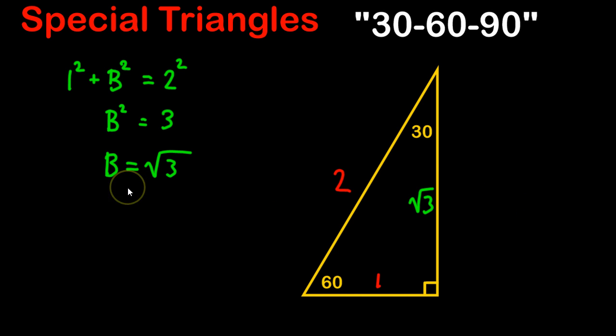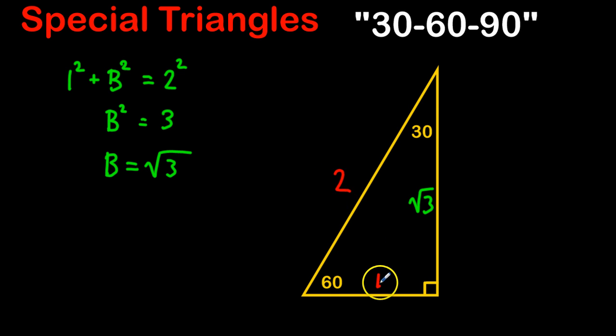So now what we know is that in this 30, 60, 90 triangle, the short side and the hypotenuse are always related in a 2 to 1 ratio. So whatever this is, the hypotenuse is double.